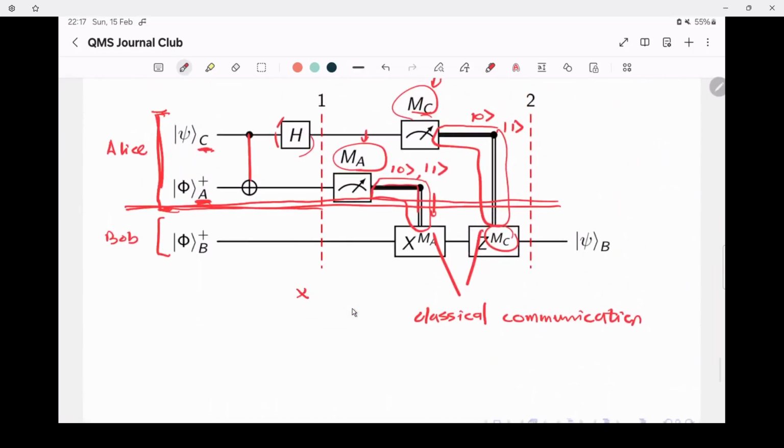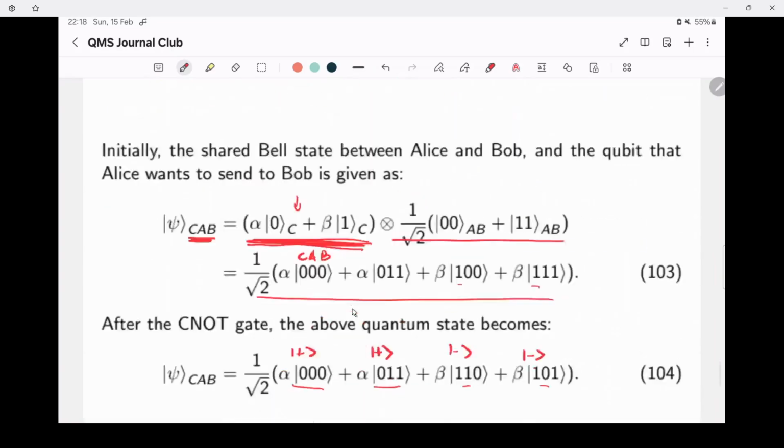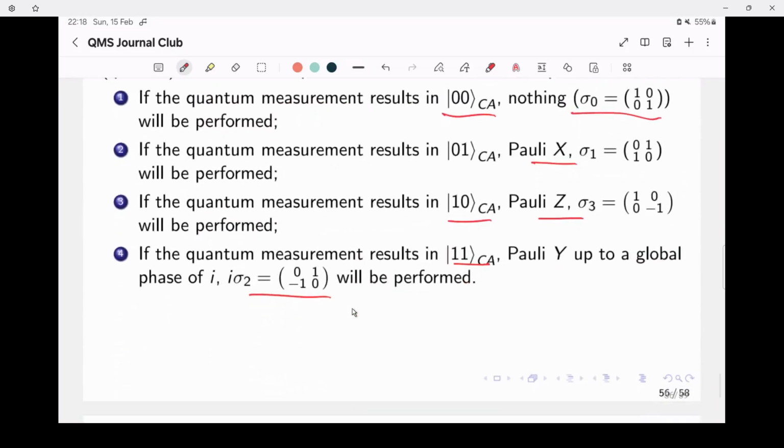Because X multiplied with Z, basically, you will get something like a minus iY. In this case, this is what we call a global phase, and it doesn't really affect your measurement outcome, which is why usually people just say Pauli Y. In my case, I write Pauli Y up to a global phase.